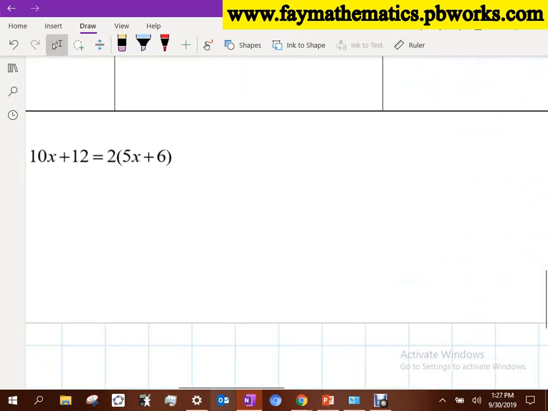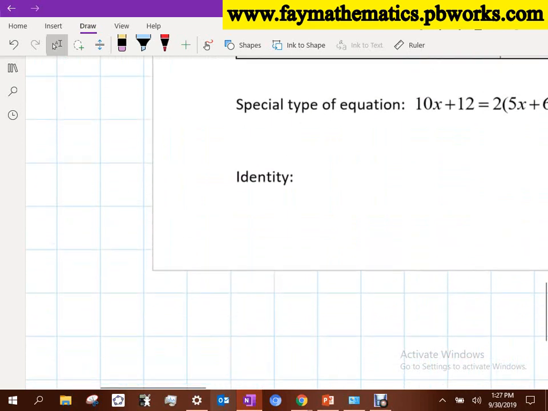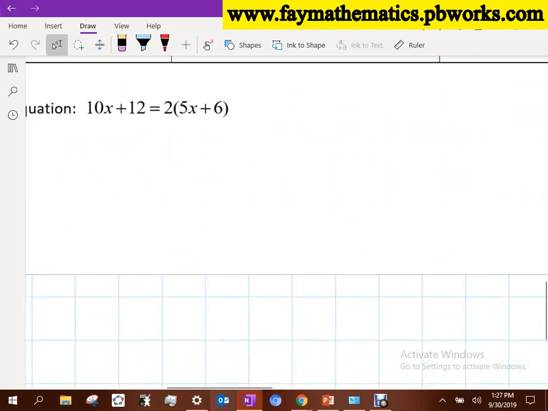Okay, let's get down here real quick because this is another special type of equation. What does the algebra tell me I have to do first here? Distribute. So you get 10x plus 12 on the left equals what on the right? Okay. So at this stage, you could actually quit.